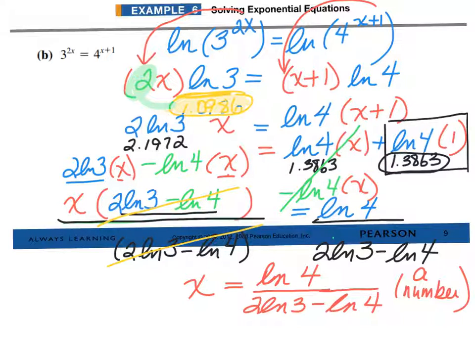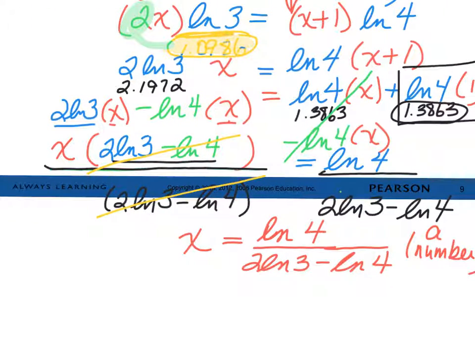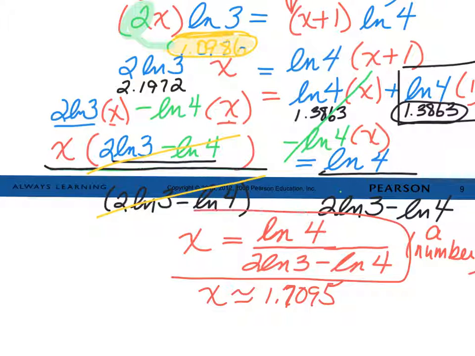And the decimal is about 1.7095 if you want to check that on your calculator. But this is actually the solution that we're looking for. I'm only trying to emphasize to you that the result here is just a number. It's just an odd looking number.